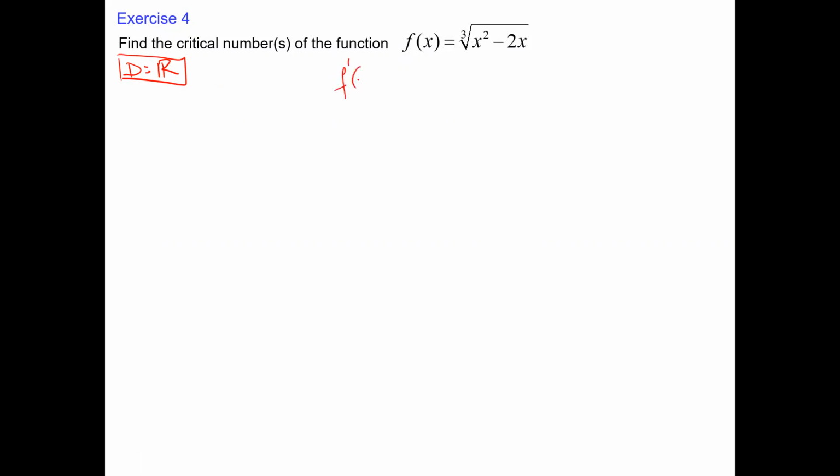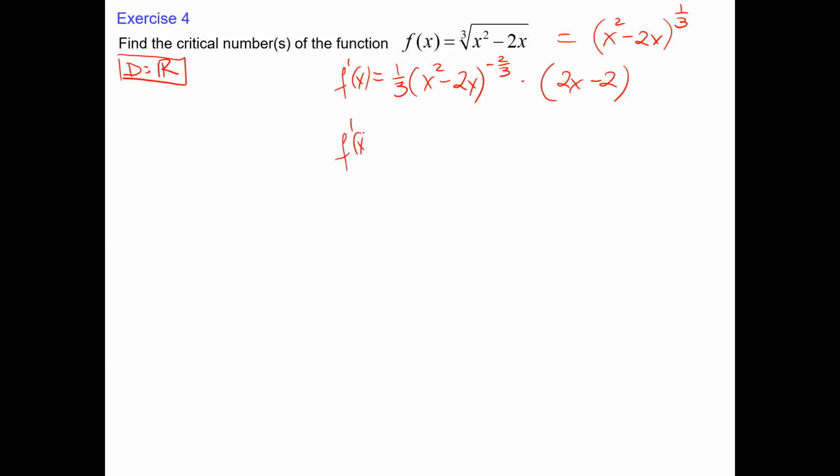What can we do? Derivative. I can use this power form. Okay, derivative of the quantity x squared minus 2x to the power of 1/3. 1/3 quantity x squared minus 2x to the power of -2/3 and times 2x minus 2. Yeah, because of the derivative of the inner function.